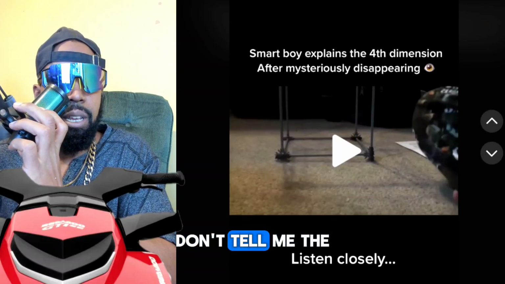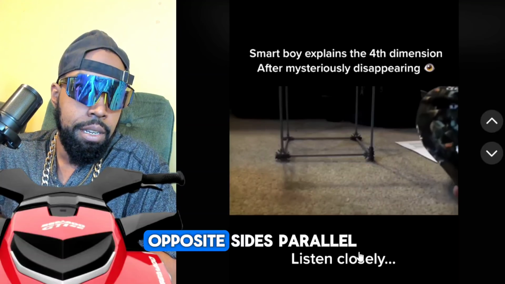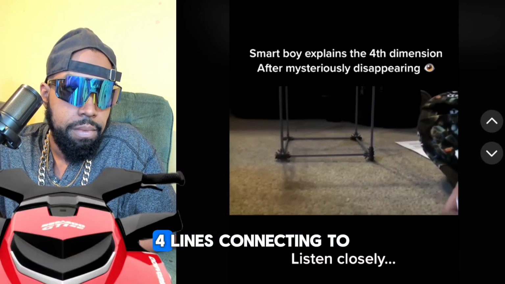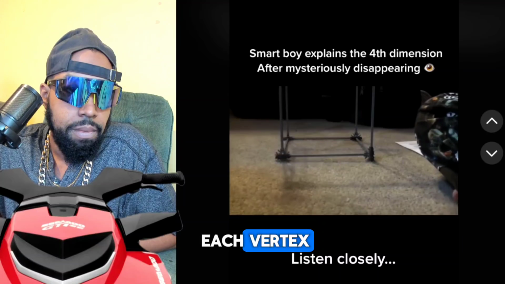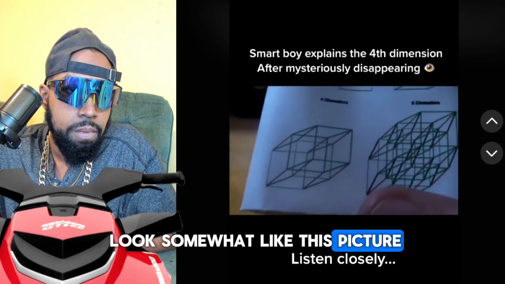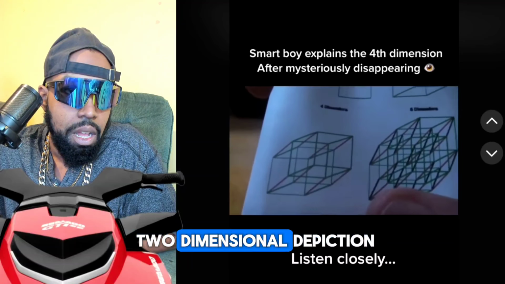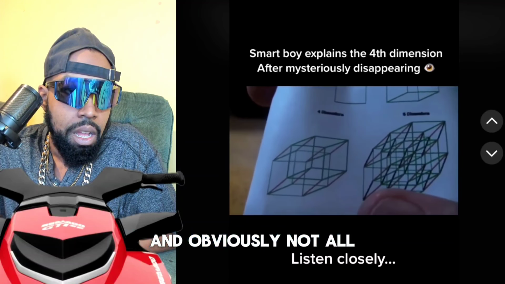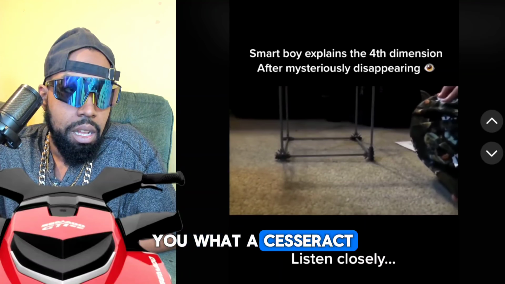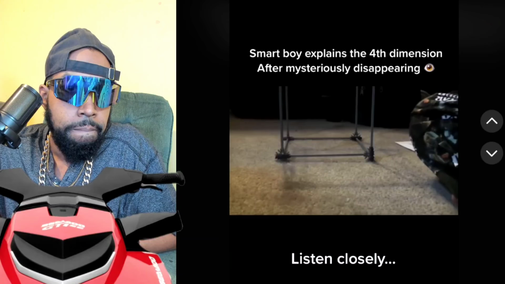Oh no, don't tell me the tesseract is on Saturn. opposite sides parallel, yet there are 4 lines connecting to each vertex. So a tesseract would look somewhat like this picture. Now that's not exactly what it looks like, because this is a 2-dimensional depiction, and obviously not all of the lines are straight. So I cannot show you what a tesseract actually looks like, because we cannot perceive things in the 3rd dimension. You can't.